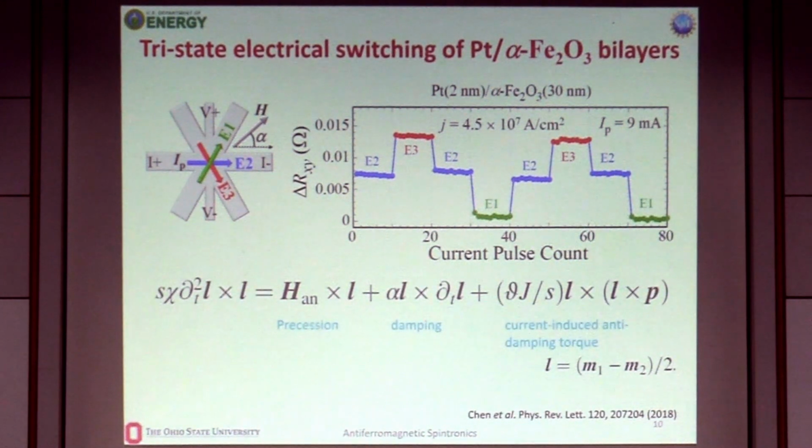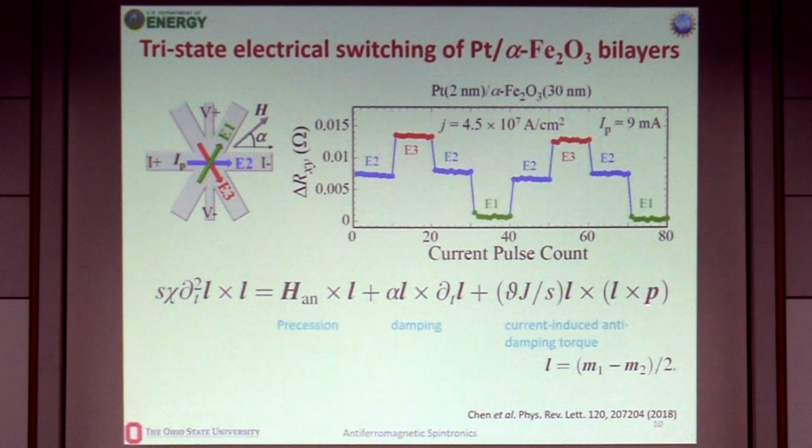Now I'm borrowing the equation that Professor Song showed, which actually comes from an earlier paper. The spin torque acting on an antiferromagnet has the net effect of aligning the antiferromagnetic spins with the pulse current. That is given by this equation: this is the precession term along the anisotropy axis, and damping, and this is the spin torque term.